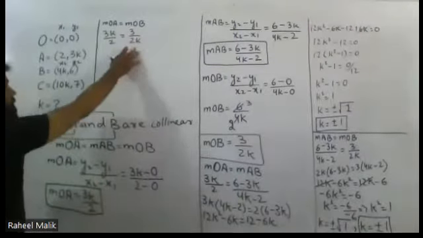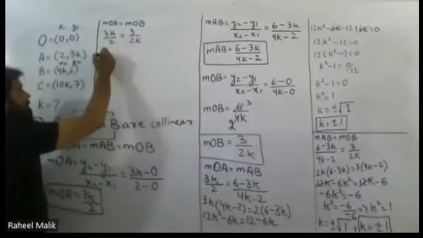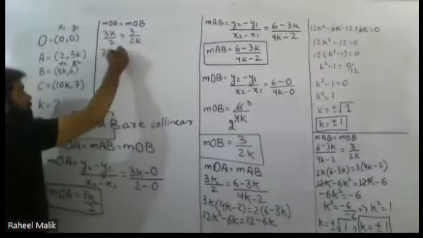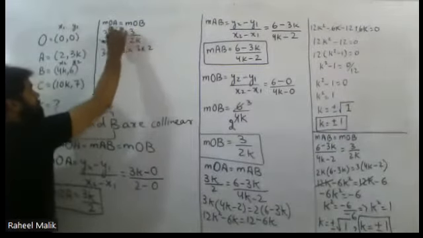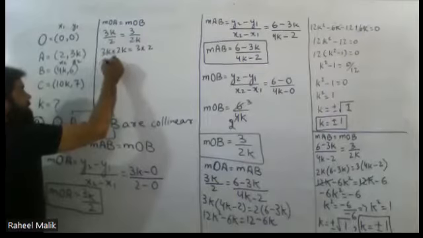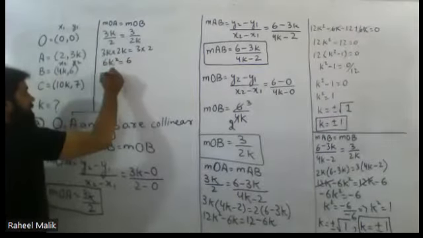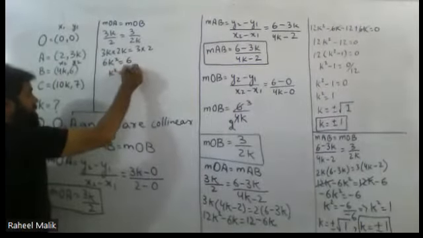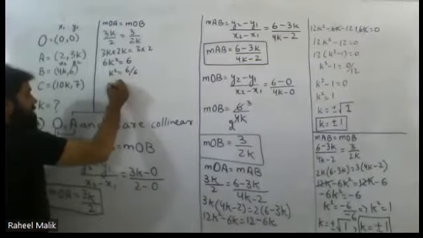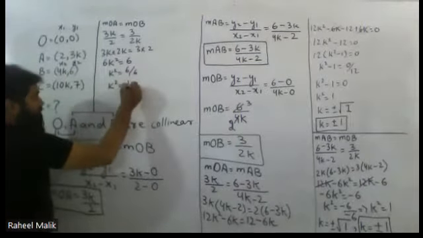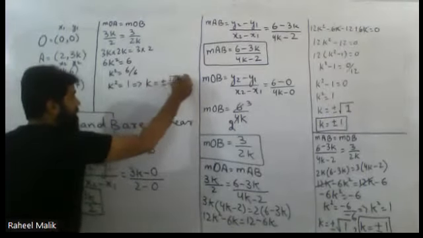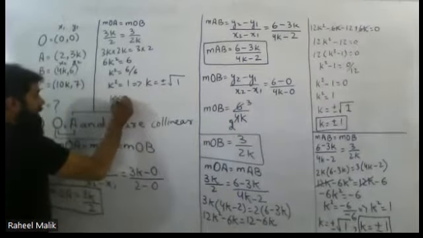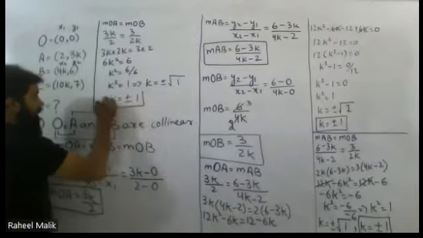Okay, so cross multiplying it, 3k into 2k equals 3 into 2. This with this, this with this will become 6k square equals 6. K square equals 6 upon 6. K square equals 1. K equals, taking root on both sides, so the value of k is coming plus minus 1.